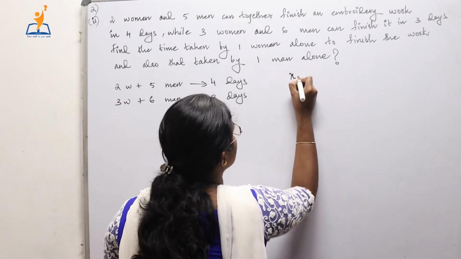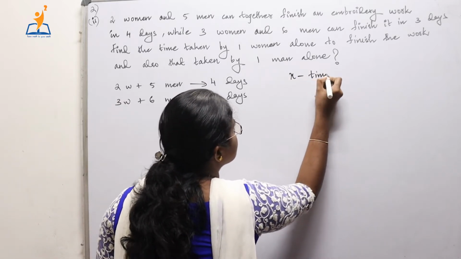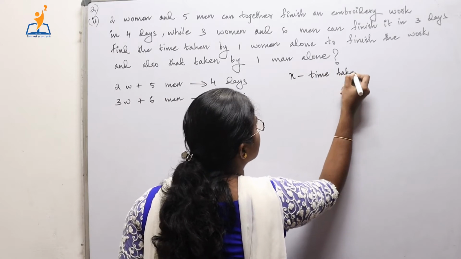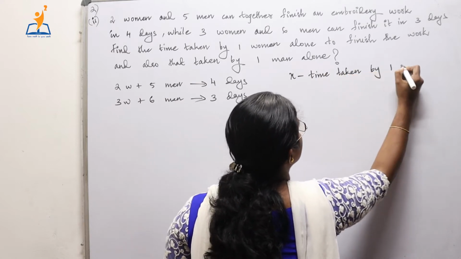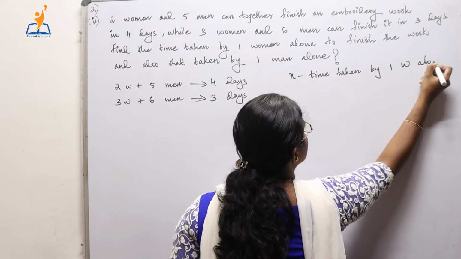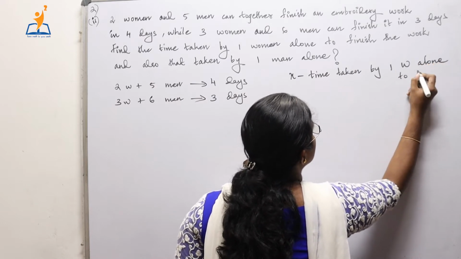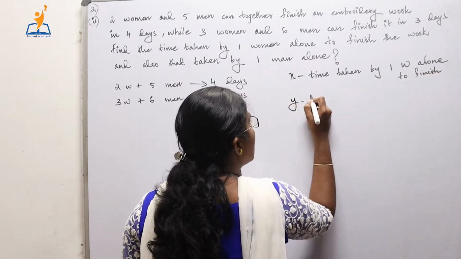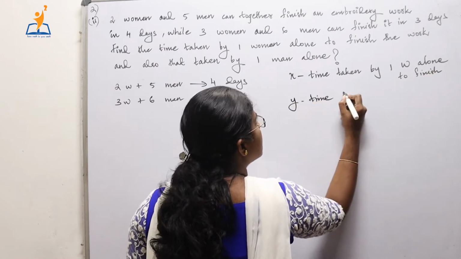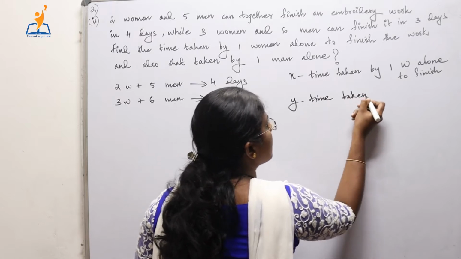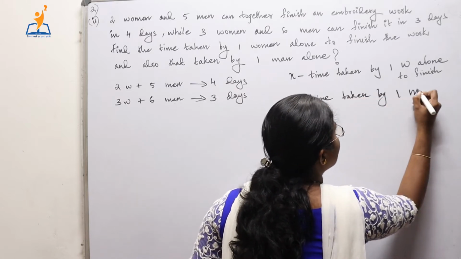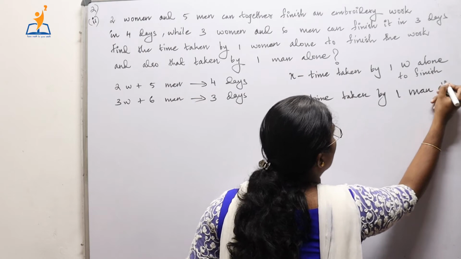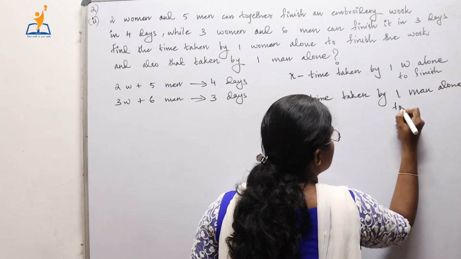So let x be the time taken by 1 woman alone to finish the work, and y be the time taken by 1 man alone to finish the work.